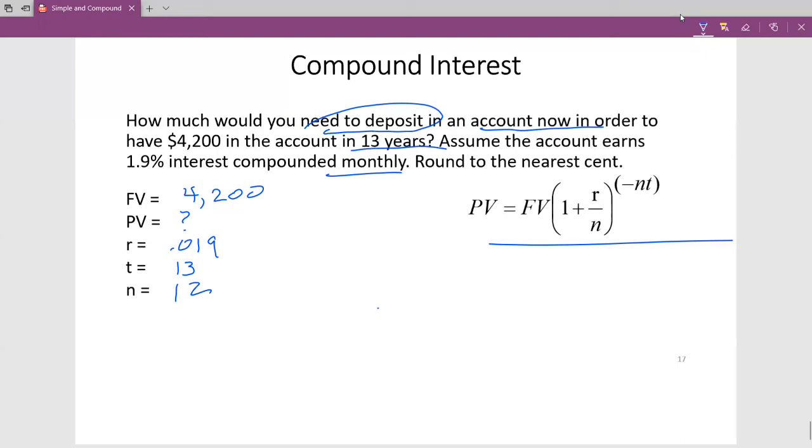So now we should write down PV equals 4,200 times 1 plus R, which is 0.019, divided by 12 to the minus NT, which is minus 12 times 13.